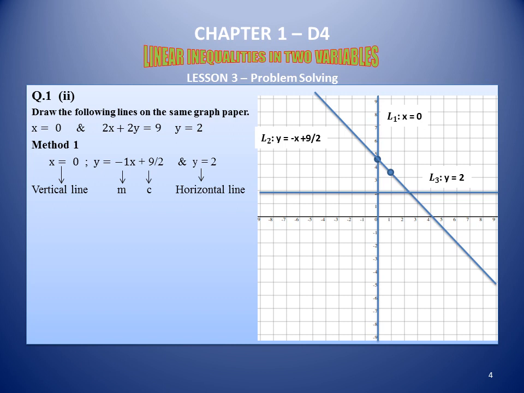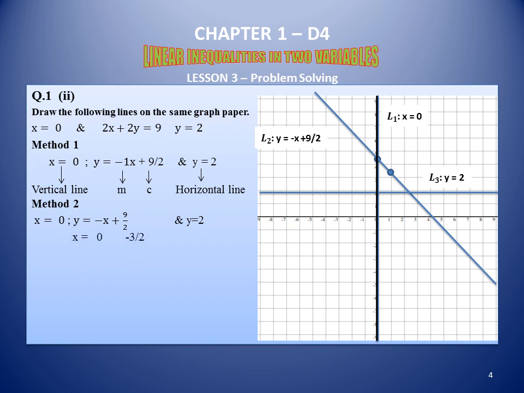If you do not like method 1, you can use method 2. In method 2, we know that we find 2 points for each equation. Because this equation has only x, you cannot find the value of y here. This equation is vertical, this equation is horizontal. Because this is a vertical line, we will directly draw this line.